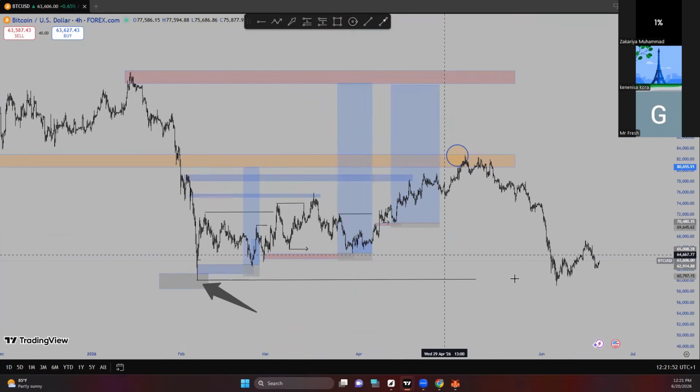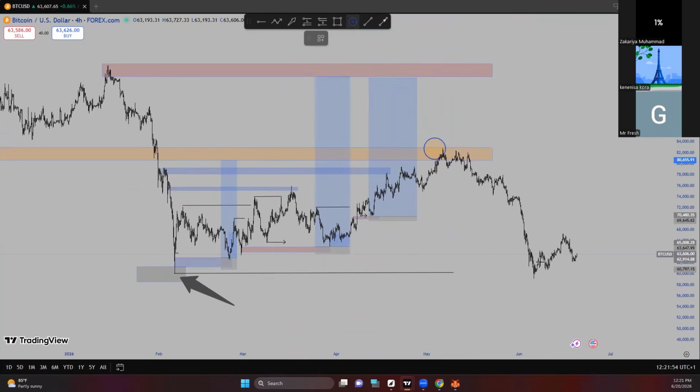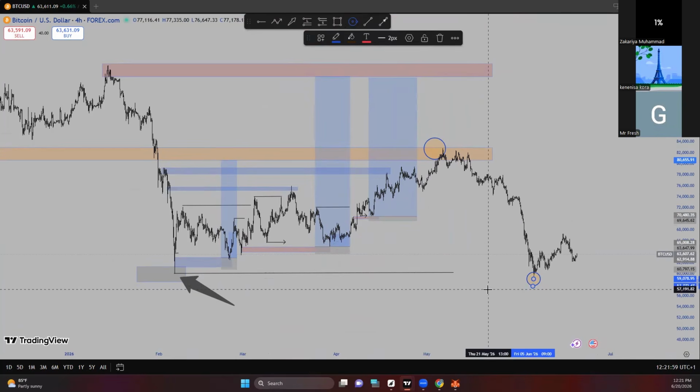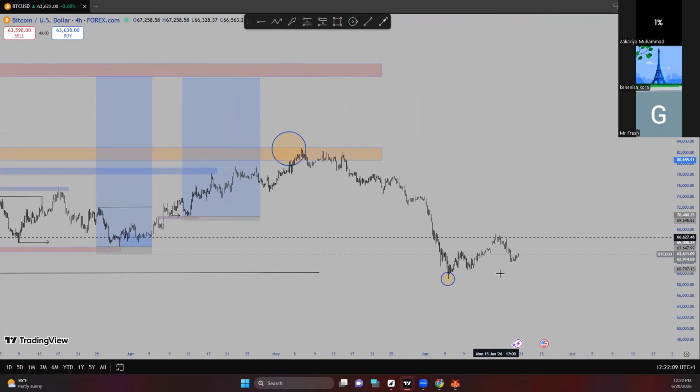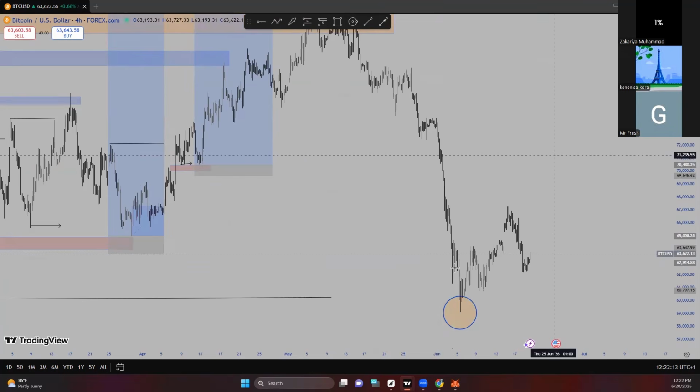So at this zone that the market tapped into currently, did the market give you a reversal concept at this zone? Yes, it did. So now you know that you're in a correction move pattern in the lower time frame, because we were in the 4 hour time frame.